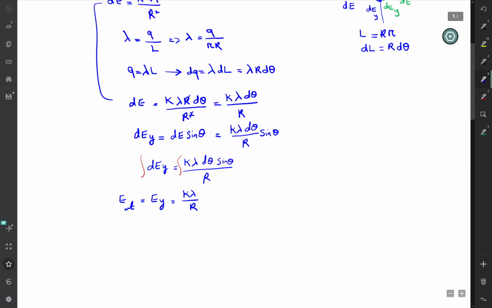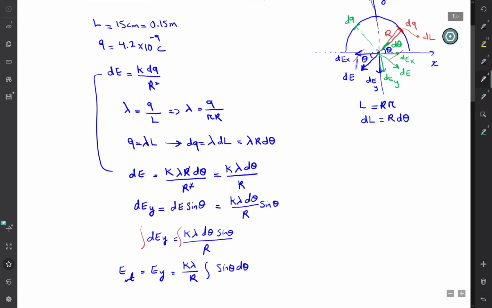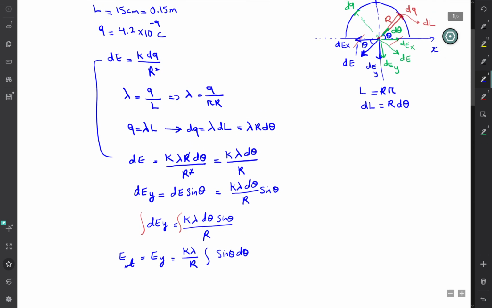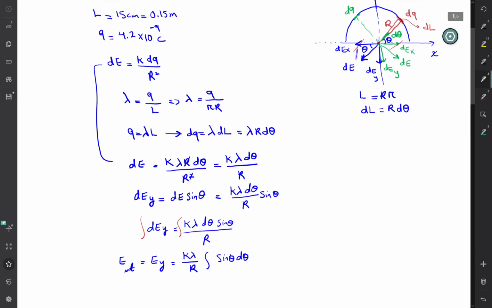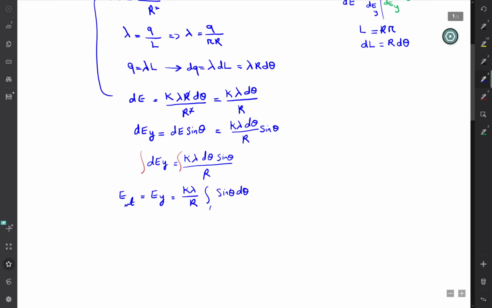I bring it out of the antiderivative. So you end up having the antiderivative of sine theta d theta. If I look at my arc, don't you guys believe that theta starts from 0 and goes to pi because you're covering a semicircle, a half circle? So I can say my theta is from 0 to pi.